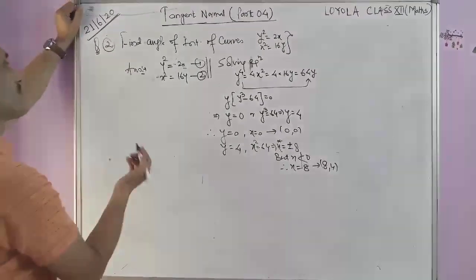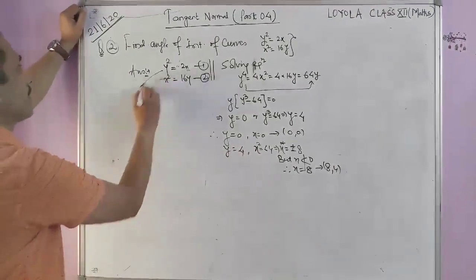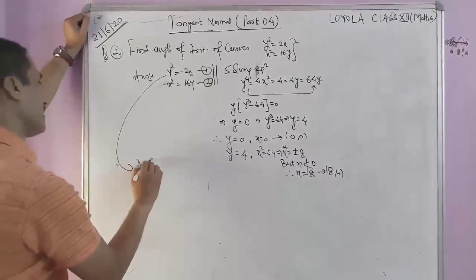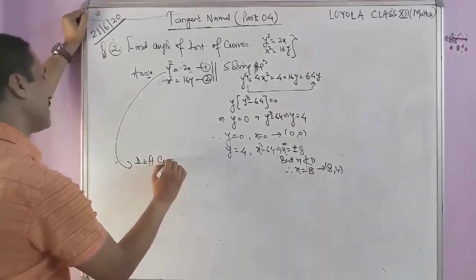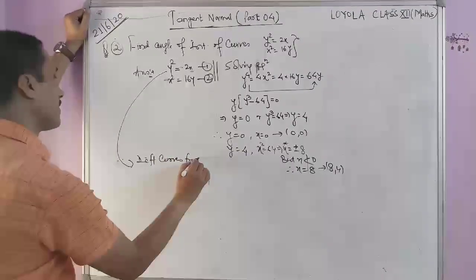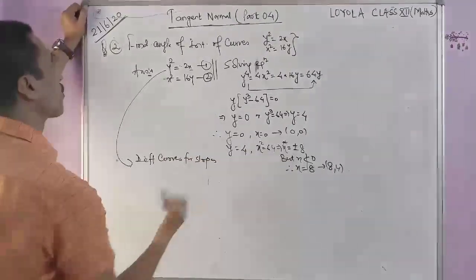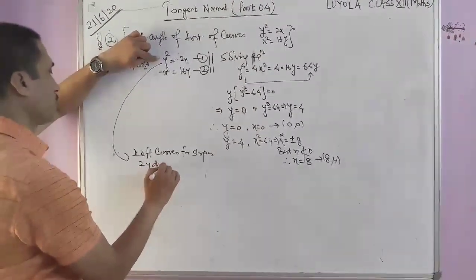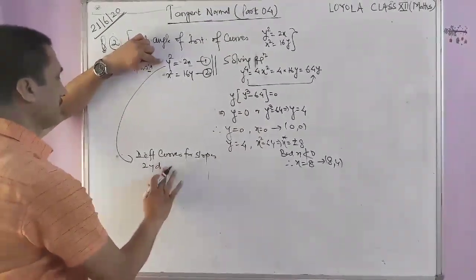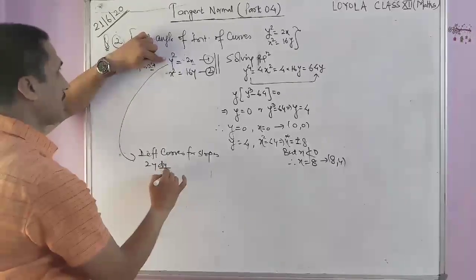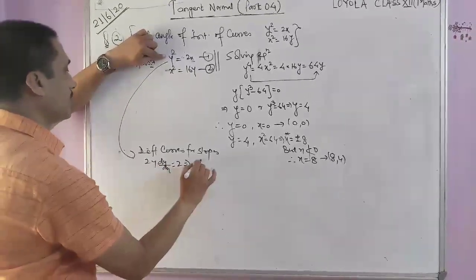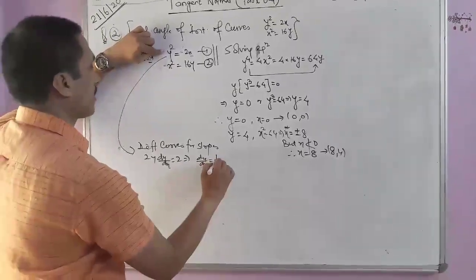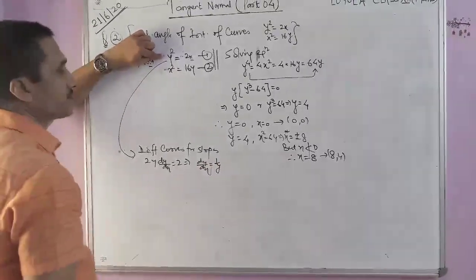Differentiating the curves for slopes. For the first curve, 2y dy by dx equal to 2, so dy by dx equal to 1 upon y.